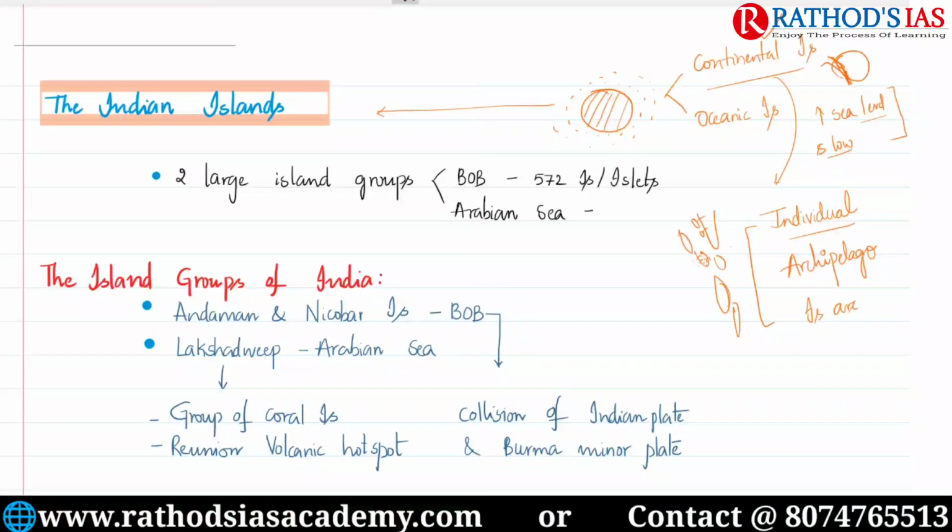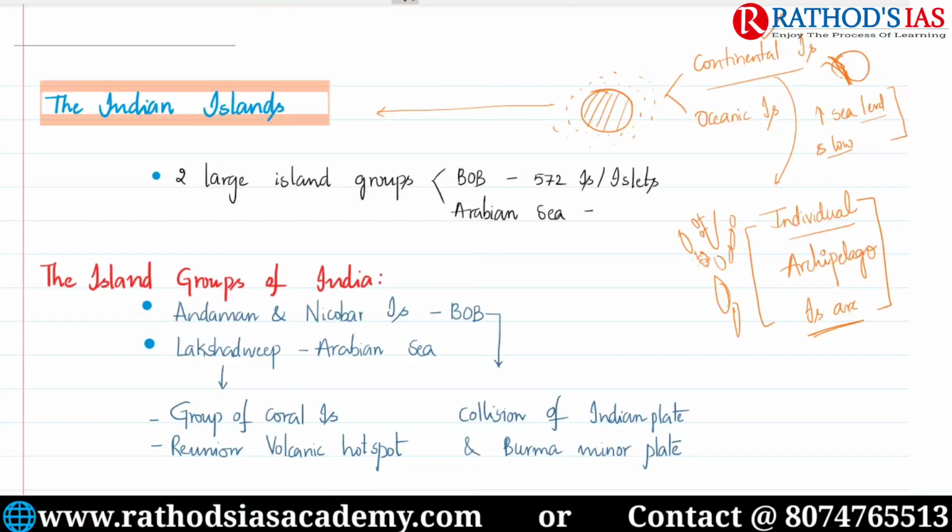Such islands are called island arcs. These island arcs are continuations of mountain ranges which can be traced on the continent. So these three types, individual islands, archipelagos and island arcs, are called continental islands.